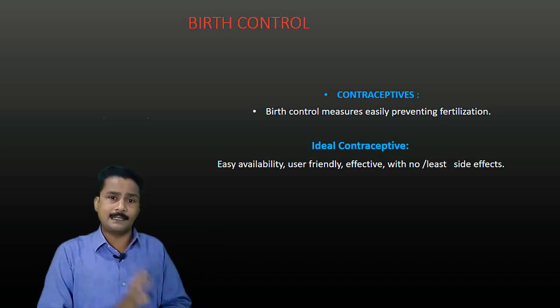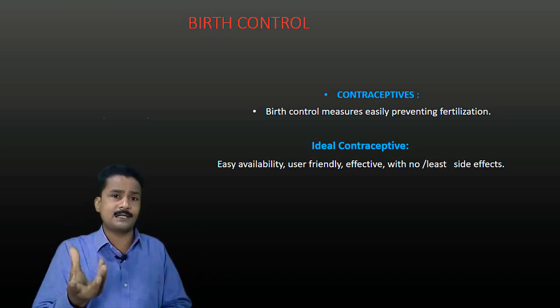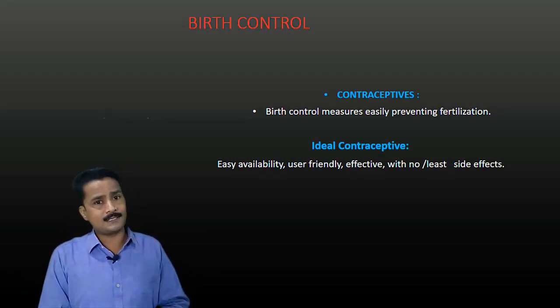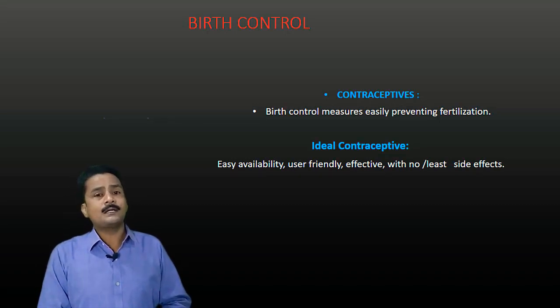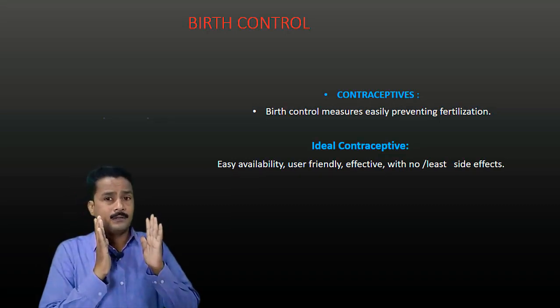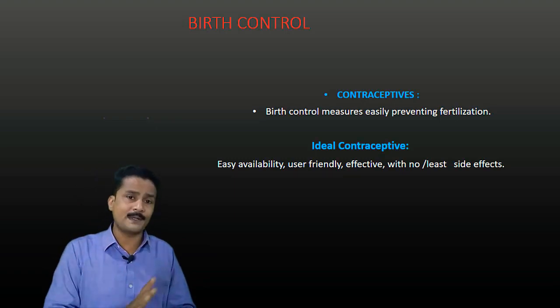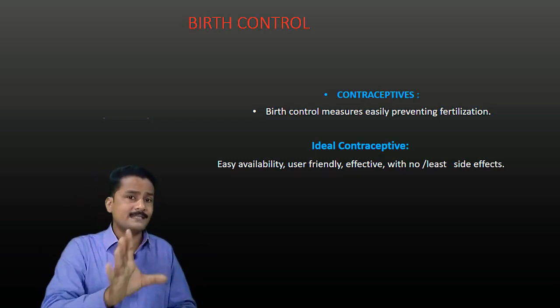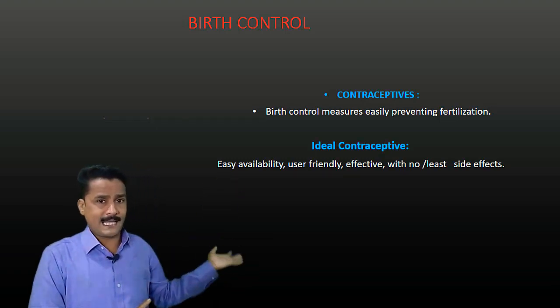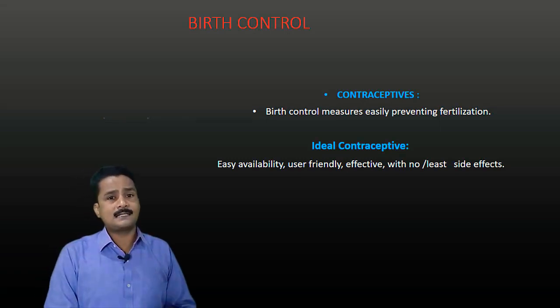It should be effective in function, having sufficient ability to prevent the fertilization process, and it should have no side effects, or if present, the least side effects. So these are the characteristics that an ideal contraceptive should have.